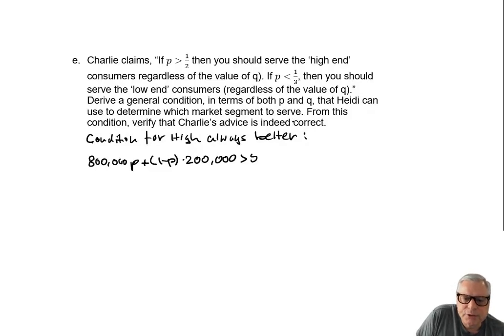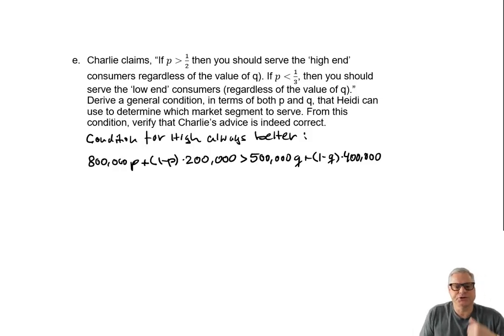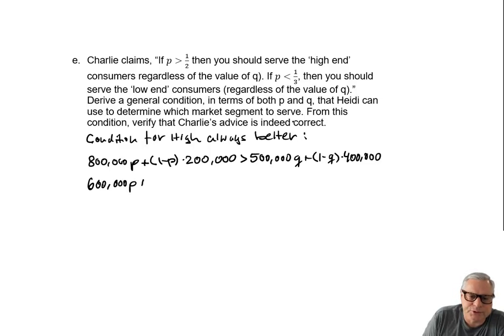So 500,000 times Q plus 1 minus Q times 400,000. That's the general condition. Now we need to collect the terms a little bit. I have here 800,000 P plus 200,000 minus 200,000 P, so I get 600,000 P plus 200,000.